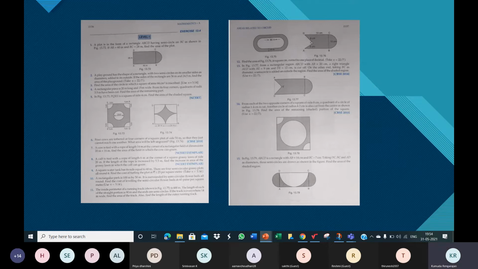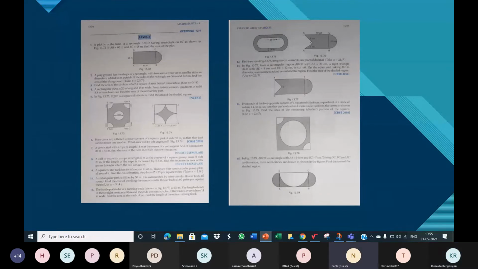One said 440, another said 44, correct? Okay, one says 40 revolutions, and another says 400 revolutions.